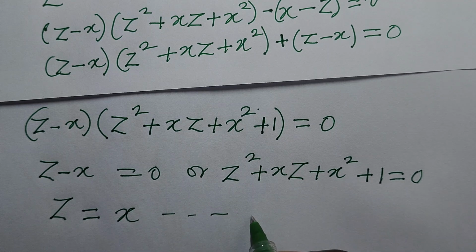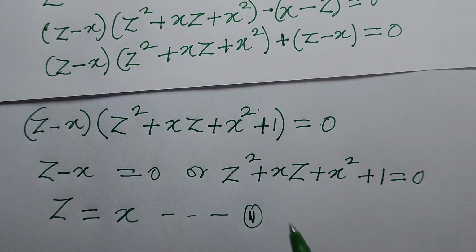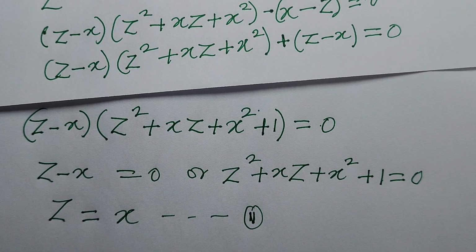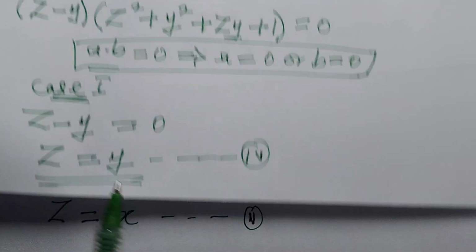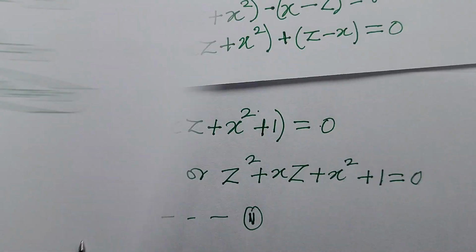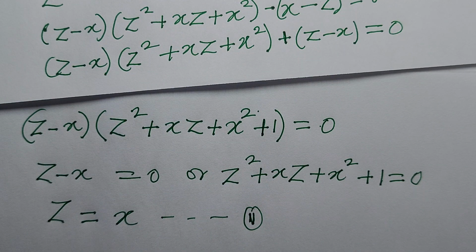Let's take this as our equation 5 now. Remember, we solved our equation 4 to be z equal to y. Remember that? Look at it here. Okay, we've established this already. Now we've established another one again.